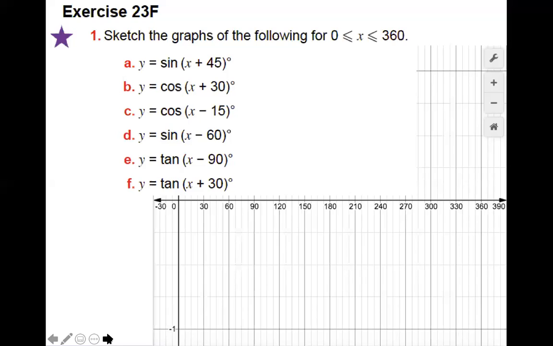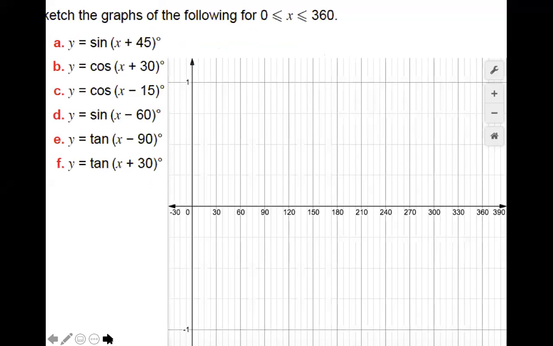So for this exercise, we've been asked to sketch the graph of the following. It's just changing the phase, so it's to the right or to the left. We can pick one if you want. What about F?